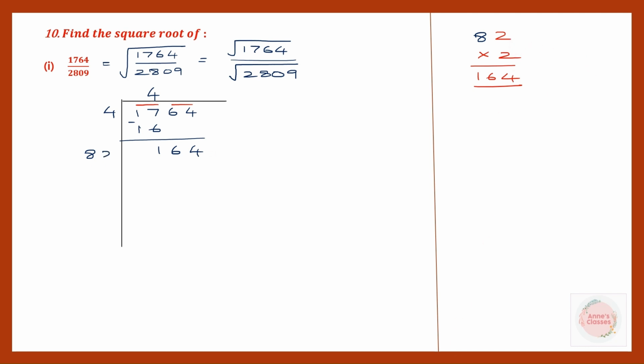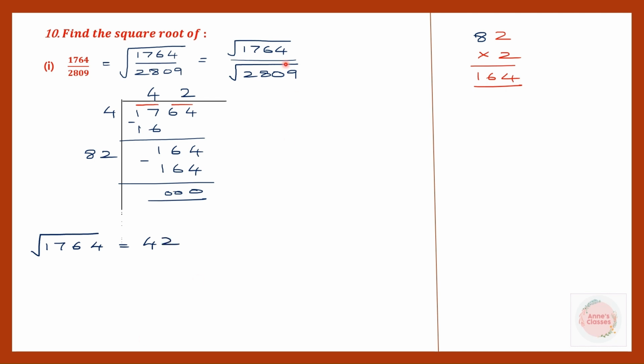So 82 into 2 is 164. When you subtract, you get 0. So now we have found the square root of 1764, which is 42. So let's write that down here. So the square root of 1764 is 42.